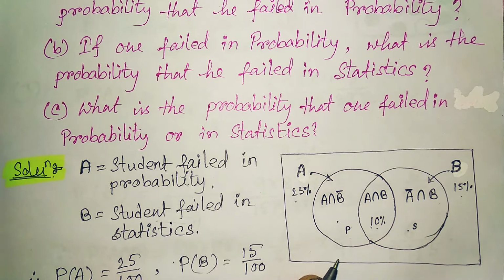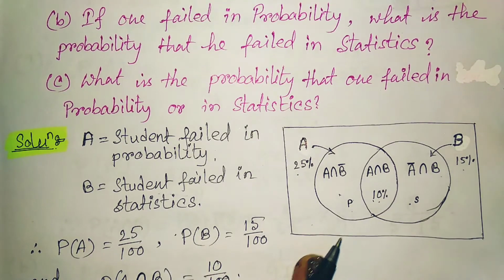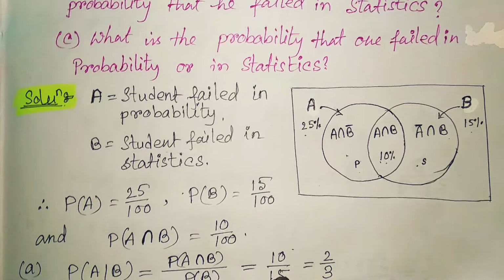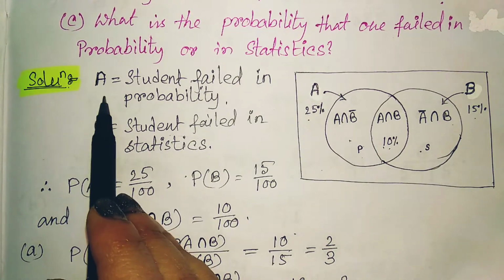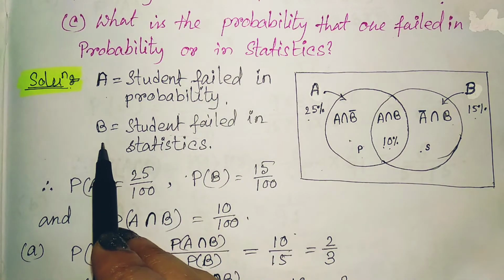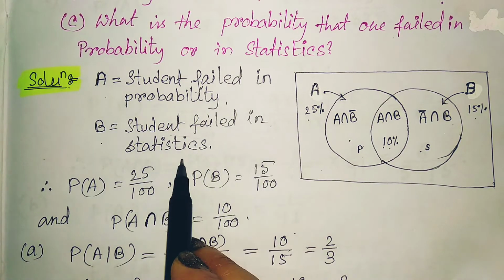So our requirement is, if one failed in statistics, what is the probability that he failed in probability? Now let us consider the event A, that the student failed in probability, and the event B, that the student failed in statistics.